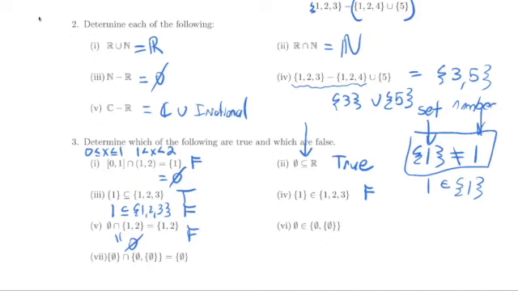Okay, so eventually we're going to start to think about some things called power sets. These are sets whose elements are other sets. Sets contain elements, and those elements can be numbers, letters, words, or other sets. So here, this is a set that contains 2 elements.